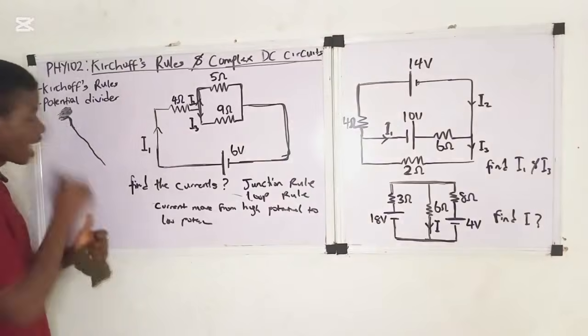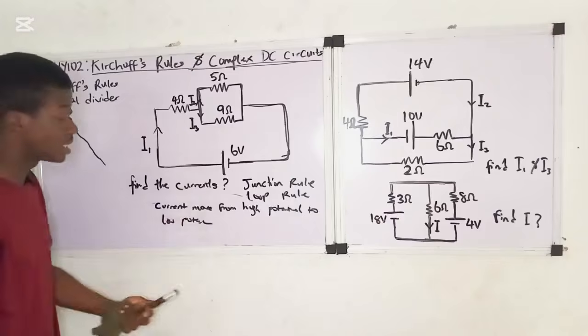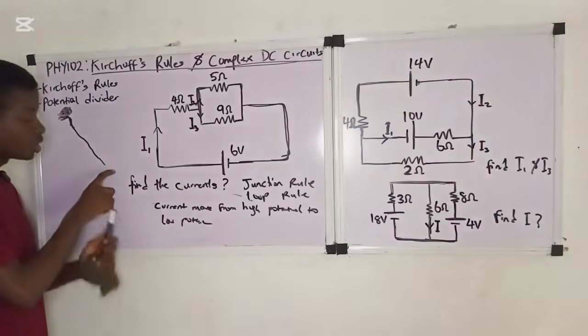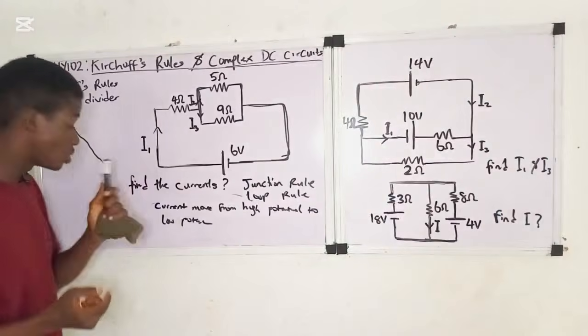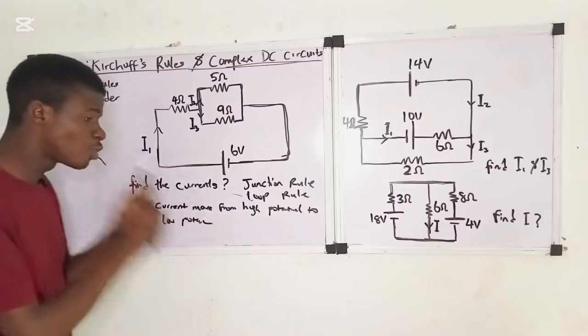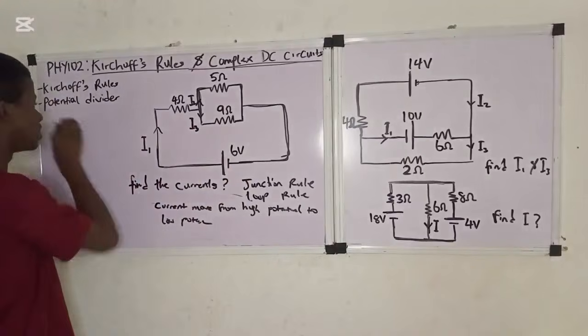This part has higher potential, while this one has low potential. So there's a greater tendency that water flows from this place of high potential to this place of lower potential. The same happens to current. Current always moves from high potential to low potential. That is very, very important.